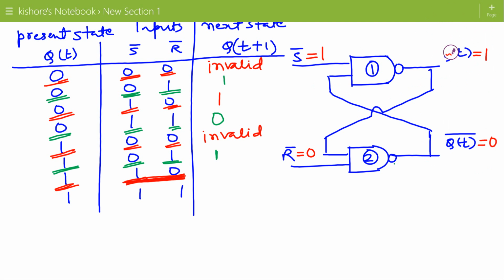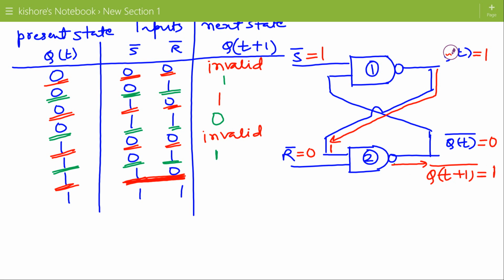We'll find out the output of the second NAND gate first. So this QT is the feedback input for the second NAND gate, that is 1, and R bar is 0, so the output is 1, so QT plus 1 bar is 1.